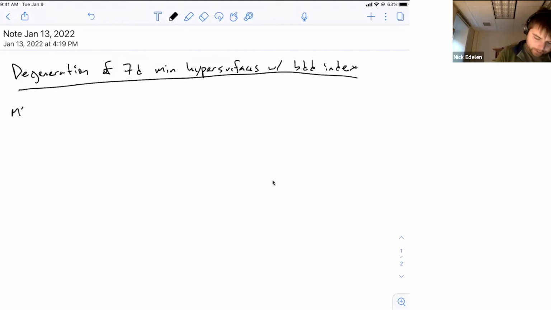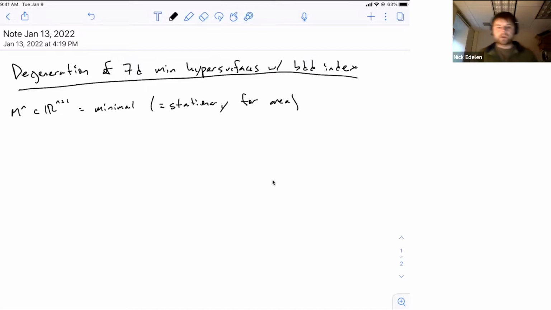And okay, so I'll just write some stuff down. So we're interested in minimal hypersurfaces. So of course, minimal means stationary for area. So soap films are probably going to be local minimum for area, but in particular, going to be stationary points. And just like the soap films they model, or mean curvature flow, minimal surfaces will in general be singular.